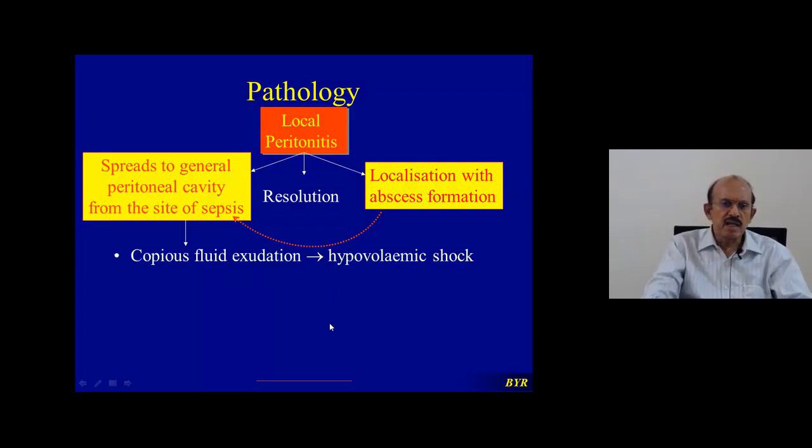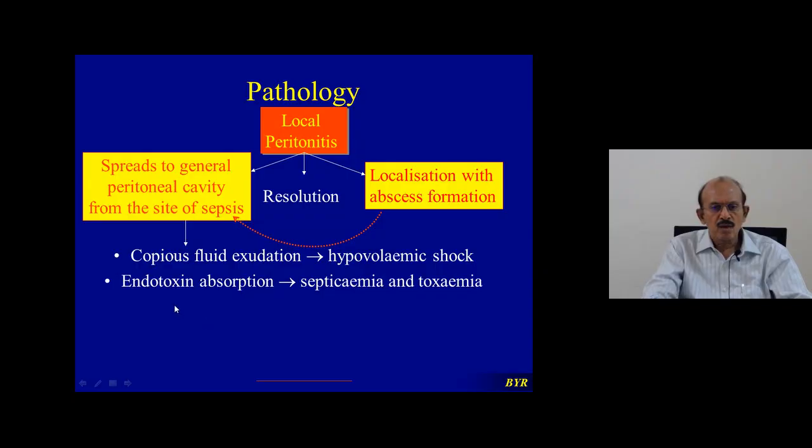Whenever there is spreading general peritonitis, because of the inflammation, the peritoneum secretes copious fluid. That means a lot of fluid secretion, and it becomes a third space loss. Whenever there is third space loss, that will lead to hypovolemic shock. The gram-negative bacteria produce a lot of endotoxins. These endotoxins are absorbed and can produce septicemia and toxemia.